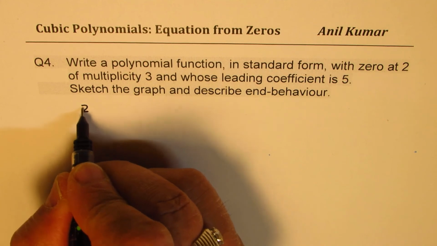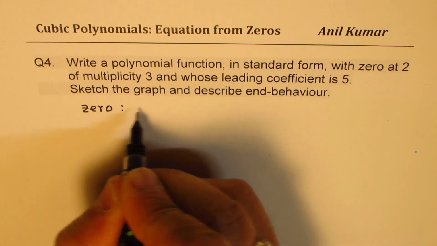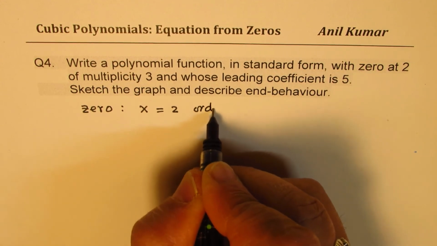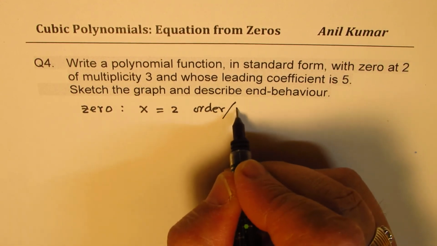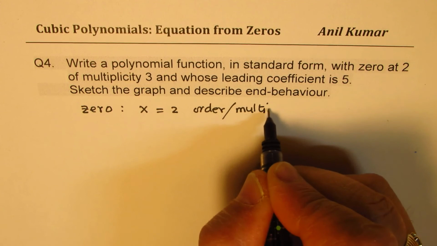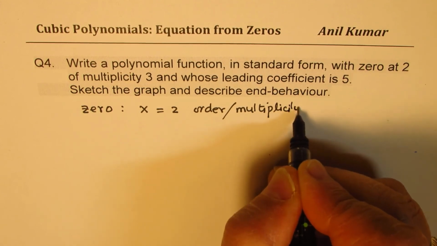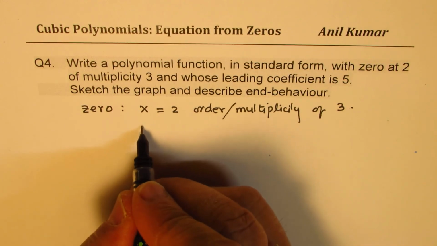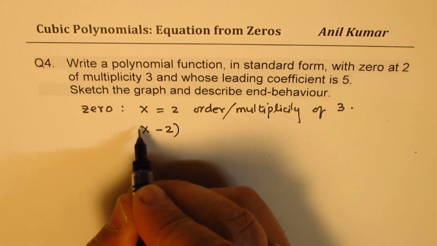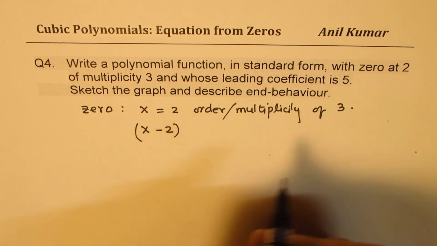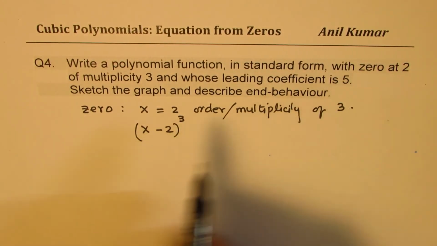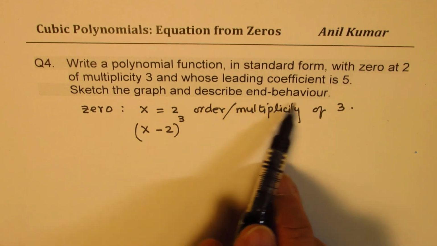So we are given only one zero at this time, which is at x equals 2, of order, or sometimes we also say multiplicity, of 3. That really means there is one factor, which is x minus 2, which makes it 0, but is a cubic factor. Sketch the graph and describe end behavior.